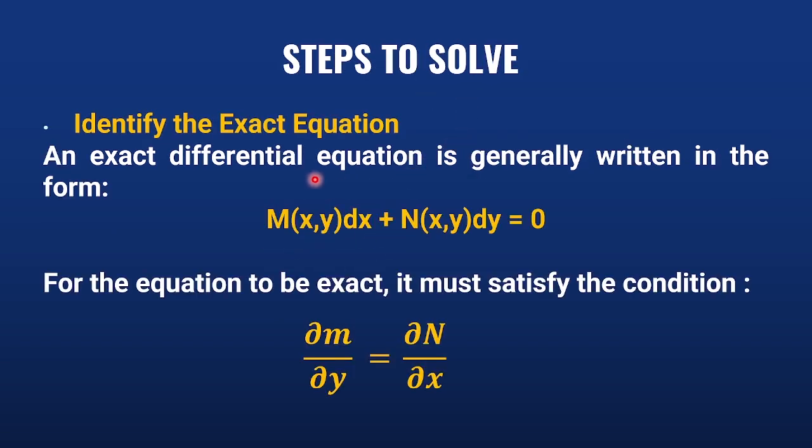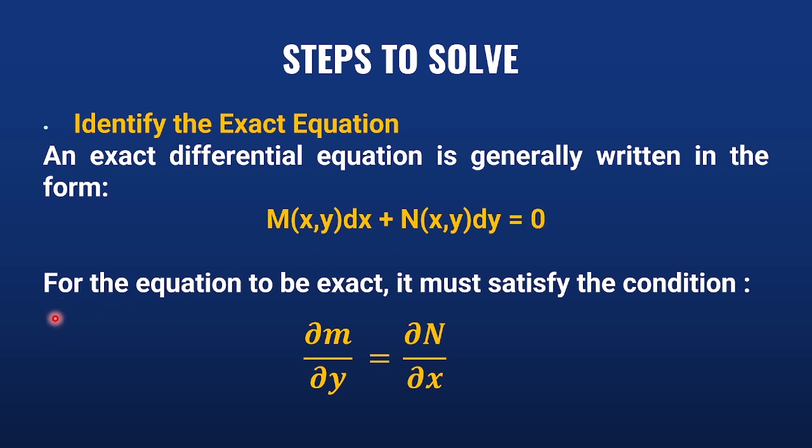Now, how do we solve problems on exact differential equations? What are the rules? What are the easy steps to apply when solving exact differential equations? First of all, you have to identify the exact equation. Recall, an exact differential equation is generally written in the form M(x,y) dx + N(x,y) dy = 0.